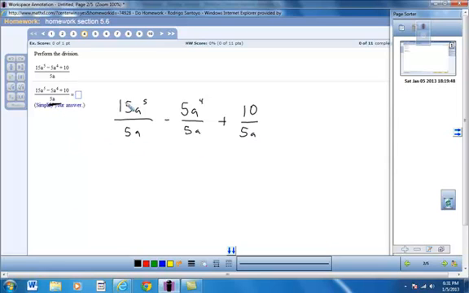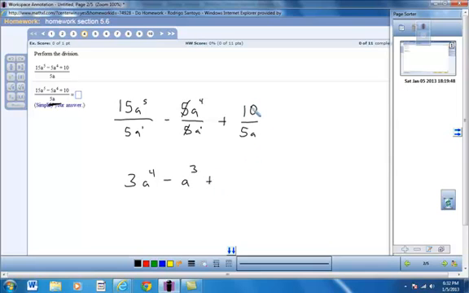And now we just work this out. 15 divided by 5 is 3. My bases are the same, so I'm just going to subtract. We know like that's a 1. 5 minus 1 gives us a to the 4th. Minus, these 5's cancel. You just get 1, so we don't have to show it, or you can if you'd like to. And this is a 1 there. 4 minus 1 is 3. Minus a to the 3rd.